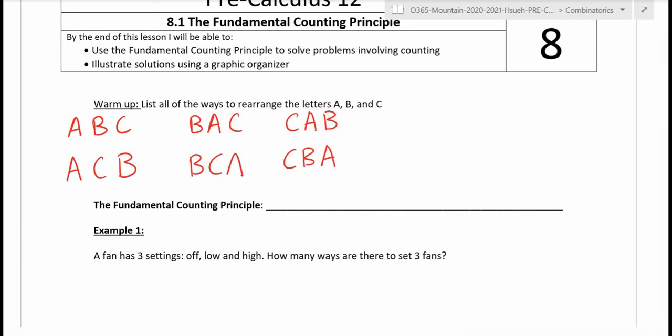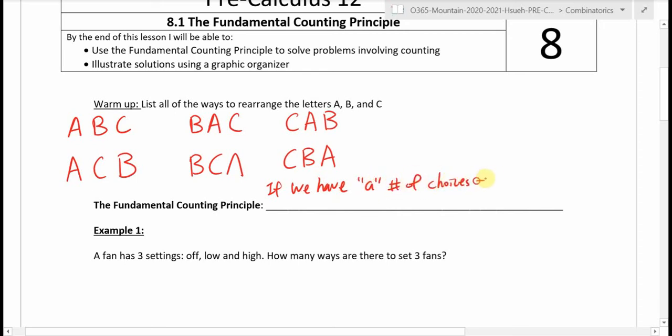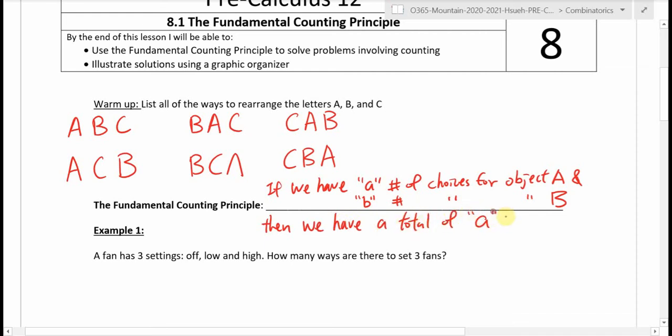So what this says is that if we have A number of choices for object A and B number of choices for object B, then we have a total of A times B ways to arrange them.